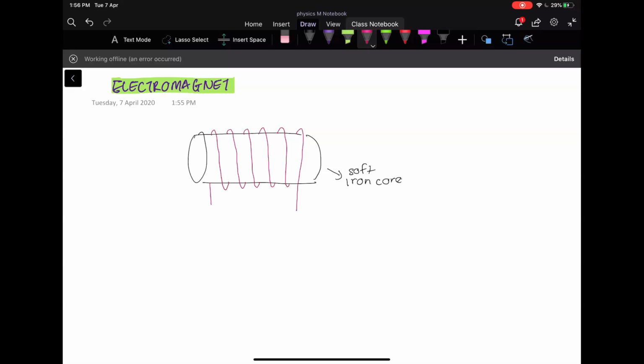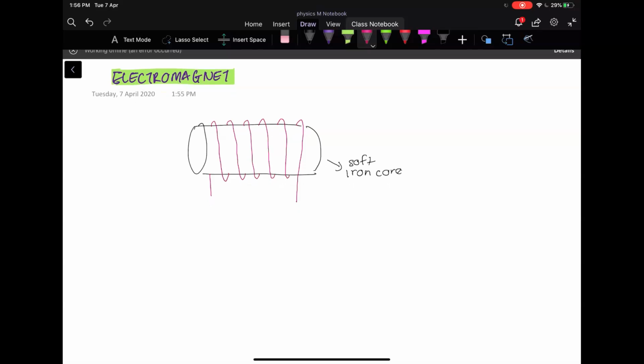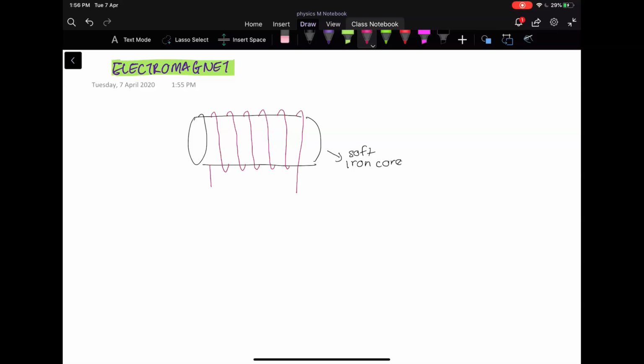The moment you take an iron core and coil it with a wire, this whole setup is called a solenoid. So remember, a solenoid is a wire coiled on an iron core.